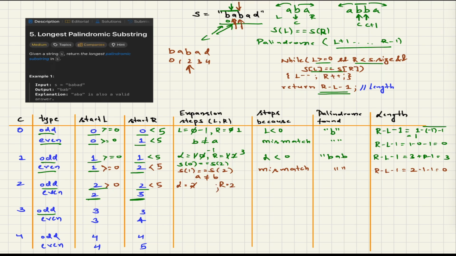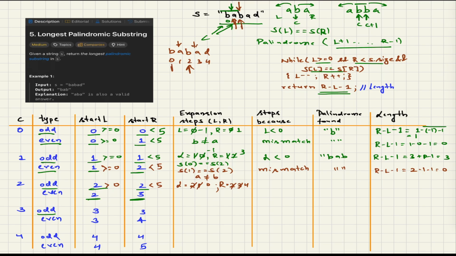My R was 2. It is going to increase to 3. My L is going to decrease to 1. Again, is my S of L equal to S of 3? Yes, it is equal. Then again, this is going to decrease. It's going to be 0, and this is going to be 4.